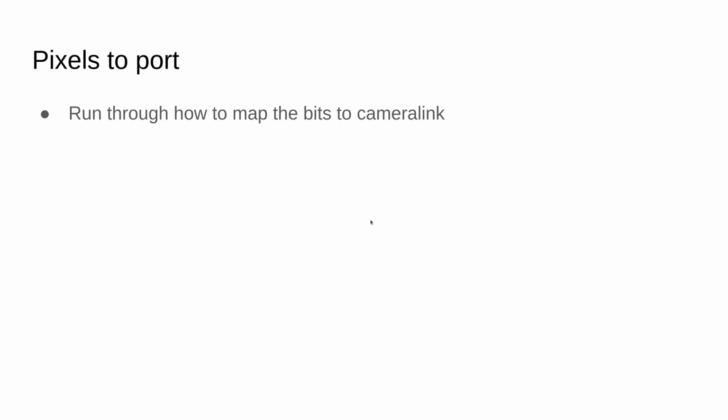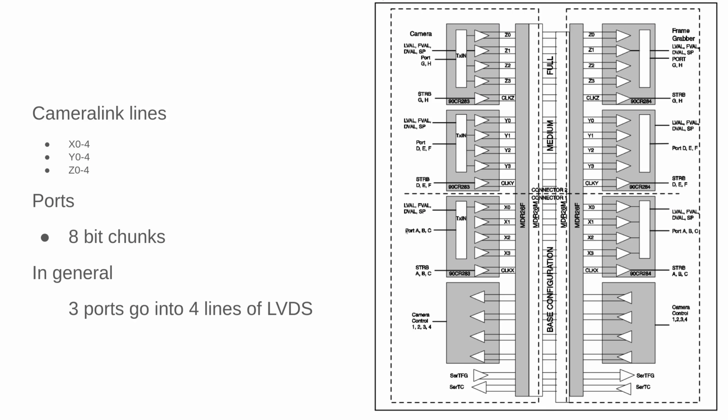All right, so this part is going to be quite in depth, and we're going to basically map the pixels to bits on the specific LVDS lines for Camera Link. We're going to look back at this graph. We have our data lines, the LVDS lines for data, X0 to X3, Y0 to Y3, Z0 to Z3.